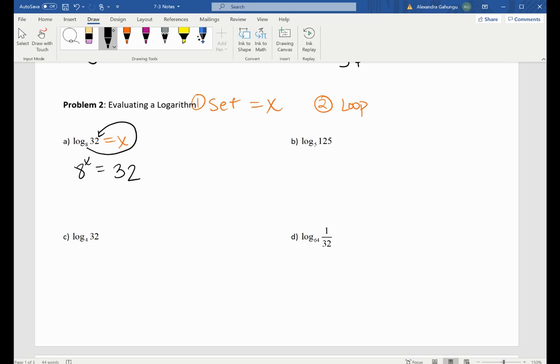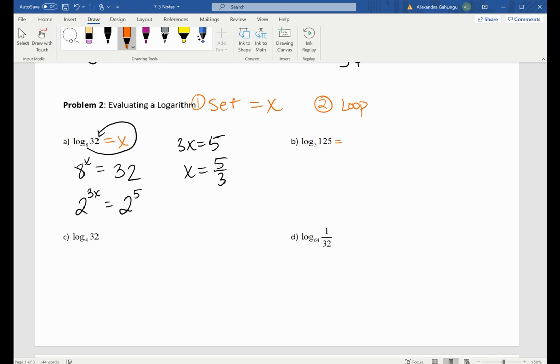I've got 2 numbers that I could write to a power of 2, and that's 2 to the 5th. And now I'm solving for x by comparing my exponents. So I've got 3x is equal to 5, x is equal to 5/3.